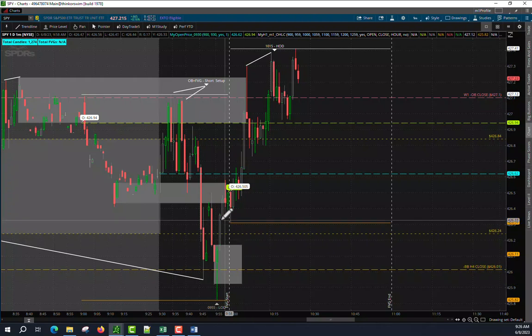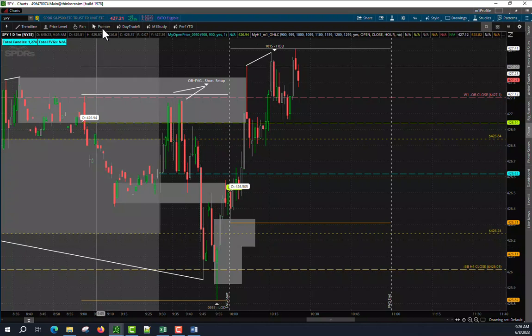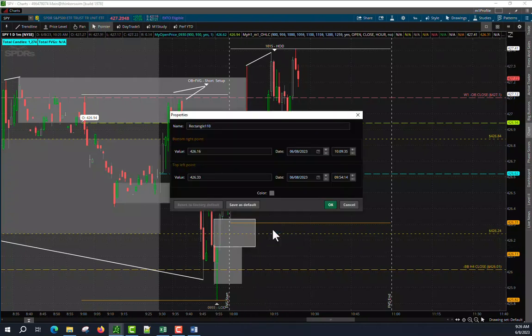Beautiful setup right here. So we only have 4 more minutes, so let me finish drawing this one and we can conclude our live price action analysis right here.